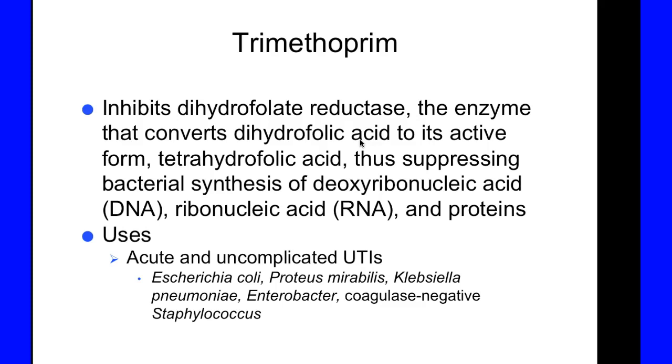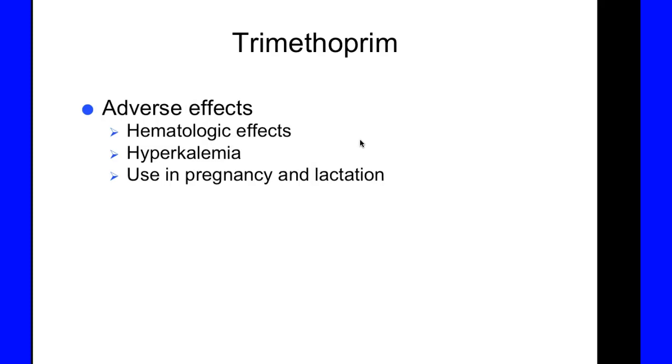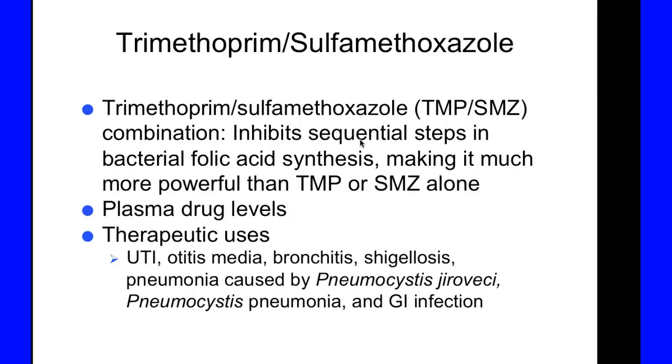And this can also be used in UTIs, which you'll see E. coli, proteus, Klebsiella. These are all bacteria that are in acute urinary tract infections. Again, this can have some hematologic effects, can cause some hyperkalemia. You should not use this in pregnancy and lactation.